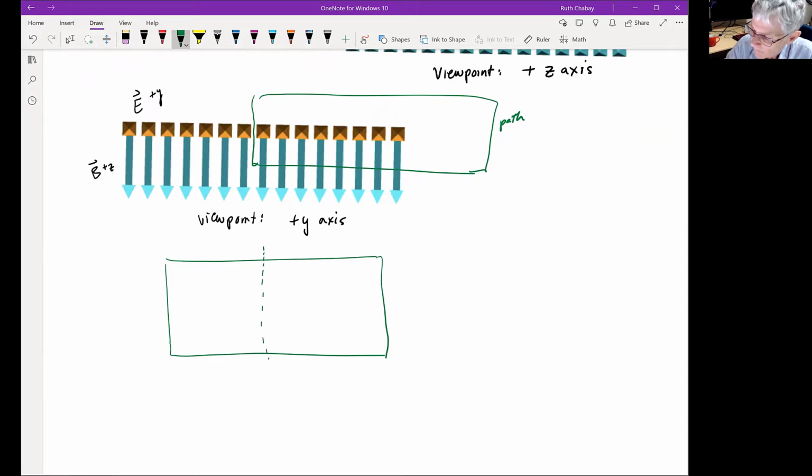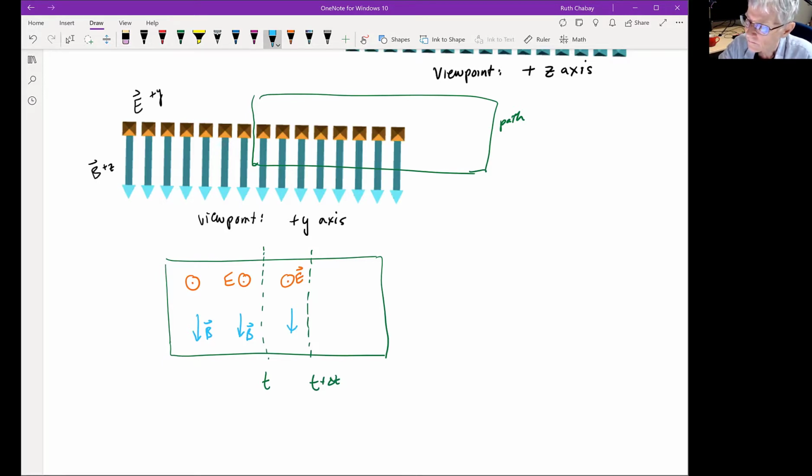At a time t, the pulse fields have gotten to here. And at a time t plus delta t, the pulse has traveled a little farther, and we've got electric and magnetic fields in this region as well.